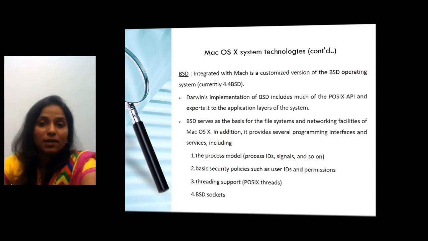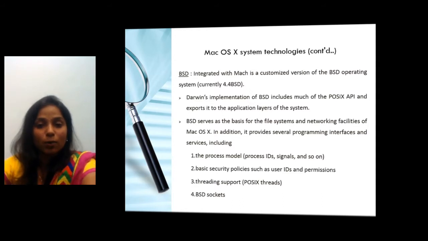The BSD, Berkeley Software Distribution. The currently used Berkeley Software Distribution in Mac OS X is 4.4 BSD. The Darwin implementation of BSD includes much of the POSIX application programming interfaces and exports all the application layers of the system. BSD serves as a basis for the file system and networking facilities.